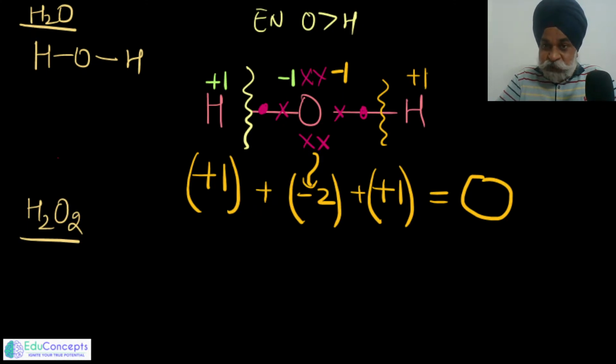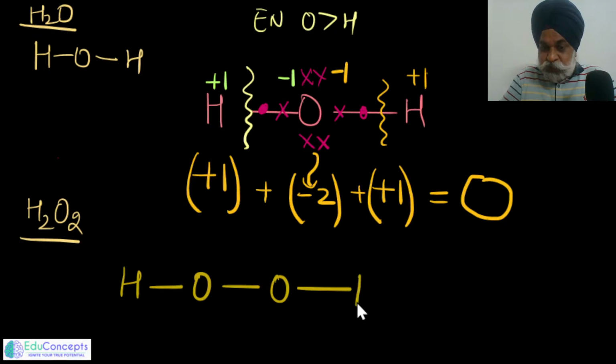Now coming on to the further. If I take the case of hydrogen peroxide, here the bonding is this way. Don't be disheartened if you don't know the bonding; for that you can see the videos where I have explained how to make the Lewis dot structures. Here the bonding is somewhat like this: cross, cross, cross, cross, cross, and this is dot, dot, dot.